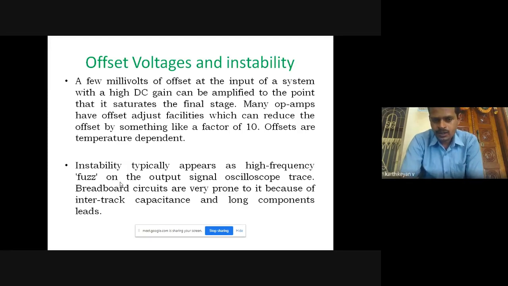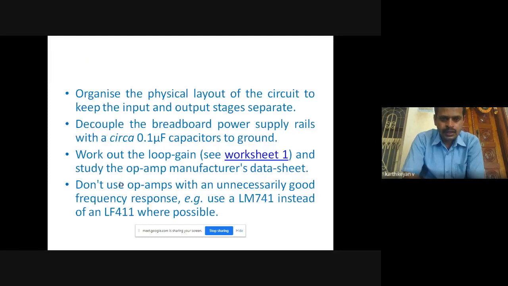Instability typically appears as high frequency fuzz on the output signal oscilloscope trace. Breadboard circuits are very prone to it because of inter-track capacitance and long component leads. These are the general points about troubleshooting.